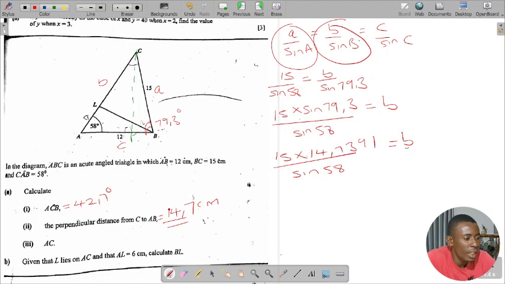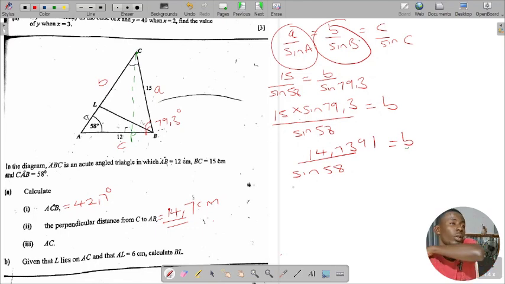So 14.7391 divided by sine 58, and sine 58 is 0.8480.